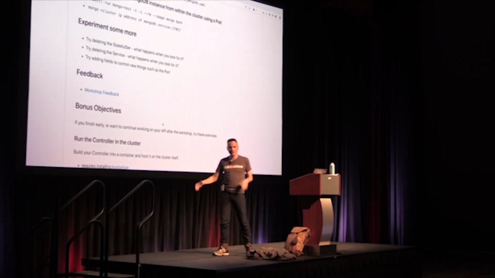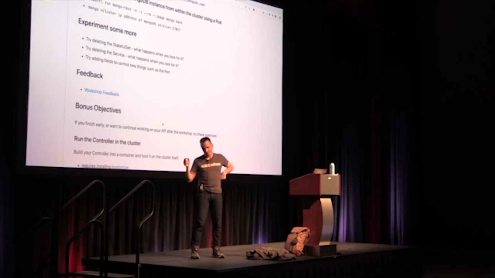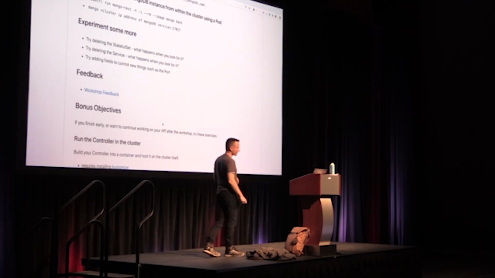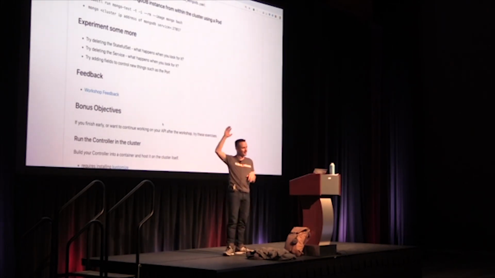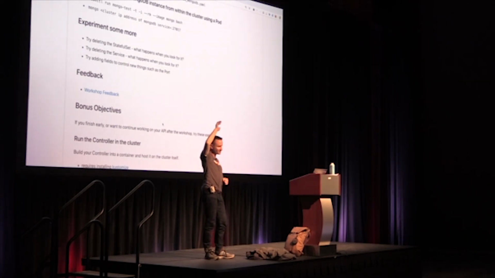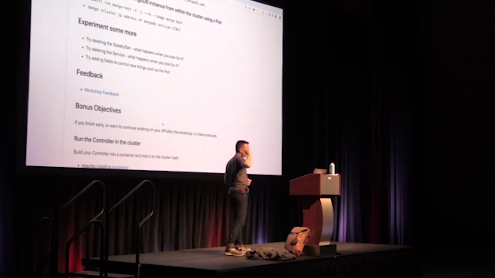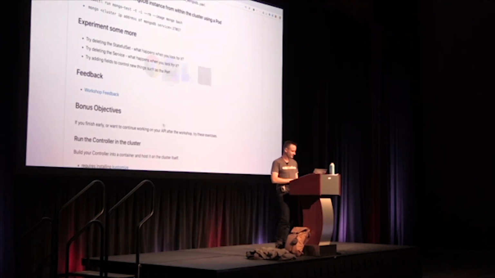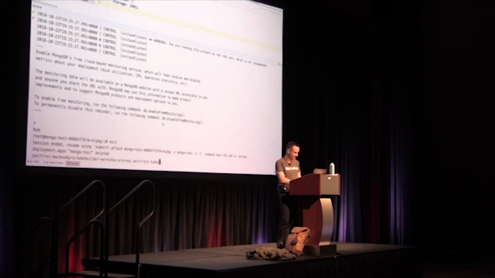If you just do kubectl delete statefulset and give it the name of that stateful set that the MongoDB instance created, what do you think is going to happen? Anybody have an idea? No one? Well, let's find out. I don't know either. I'm going to be surprised.